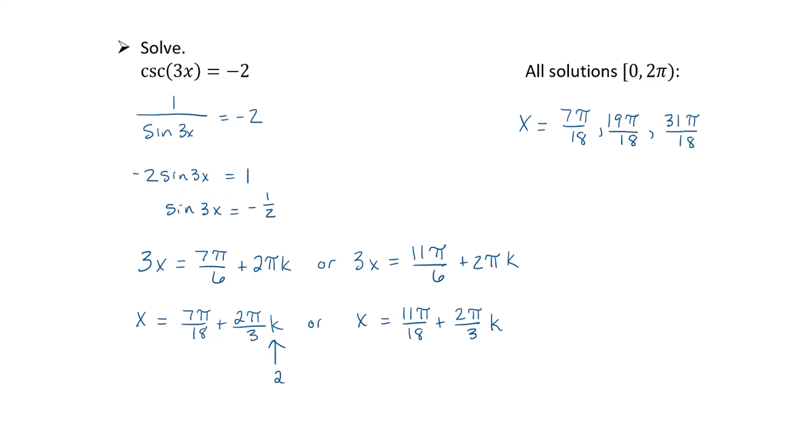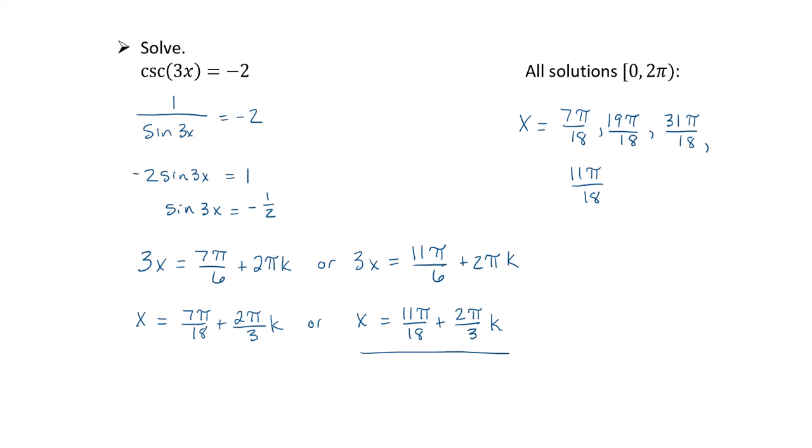Now if I add another 2 pi over 3, then I would be adding 2 pi total to the 7 pi over 18, and that's definitely over the 2 pi that I need to find answers in. So I go to my next formula. Since I've exhausted that first formula, I have 11 pi over 18 when k is 0.